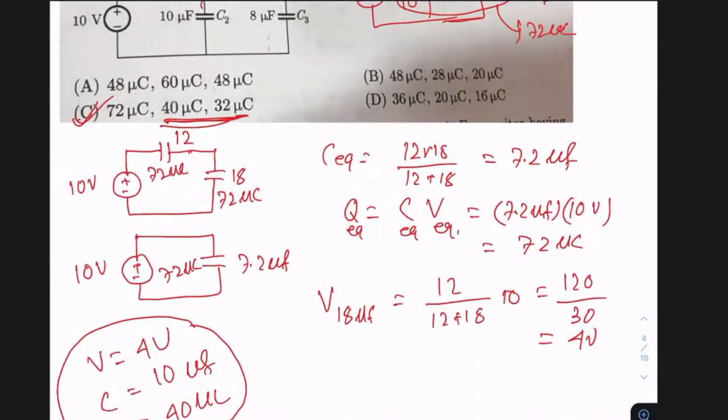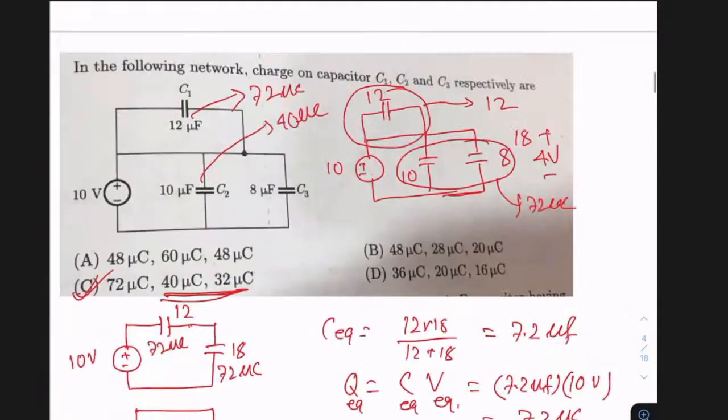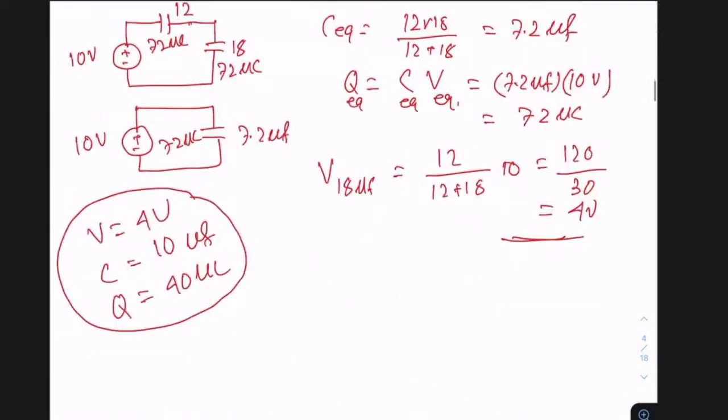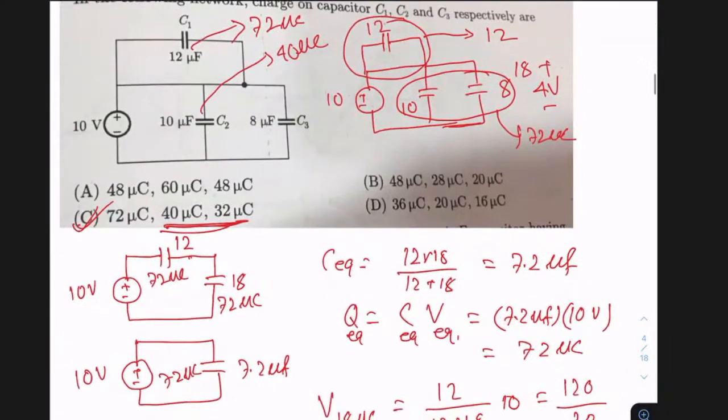I got the voltage first, which is 4. Once I have the voltage and I know the capacitance 10, Q equals C into V. Next for C3, again Q equals C into V. C value is 8 and the voltage is again 4 only. So 8 into 4 is 32 microcoulomb. Hence the answer is 72, 40 and 32.